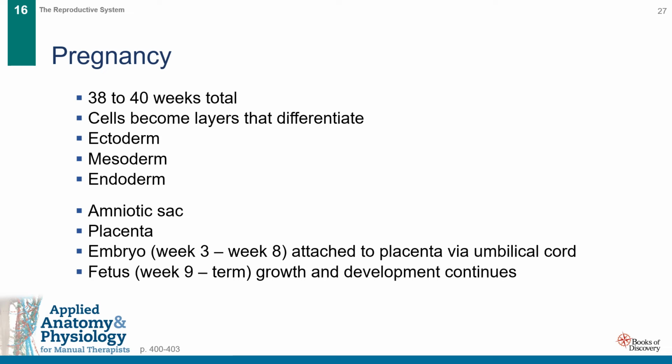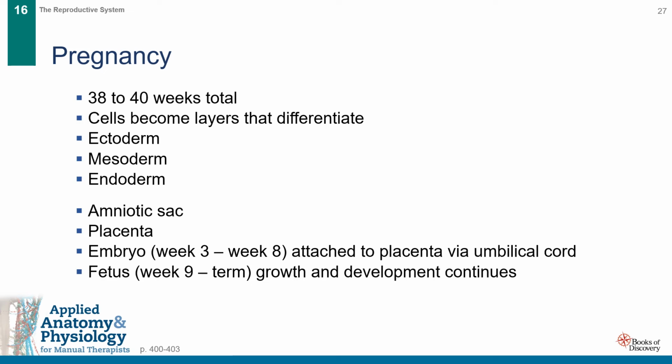The ectoderm gives rise to the integumentary and nervous systems, the mesoderm to the muscles and connective tissues, and the endoderm to the internal organ systems composed of the mucosa and glandular epithelium, as we discussed earlier.